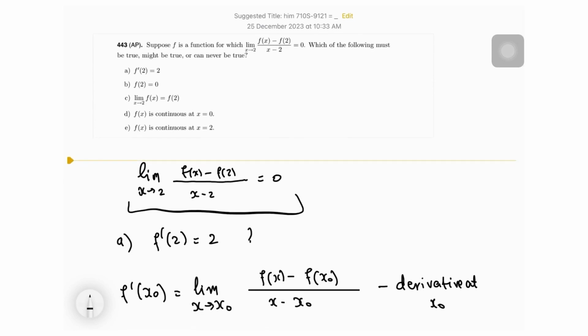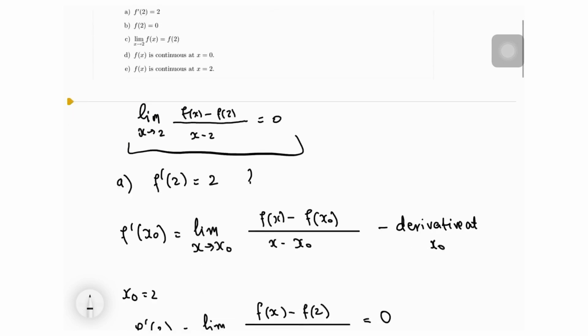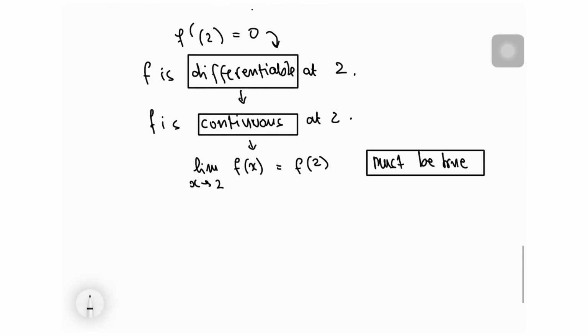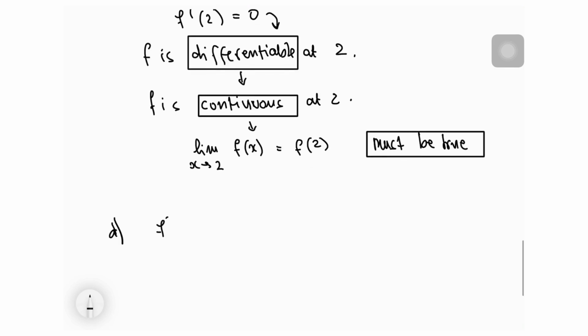Next, f of x is continuous at x equals 0. So looking at this function, we can just say f prime of 2 equals 0. Does this necessarily imply that f is continuous at 0?